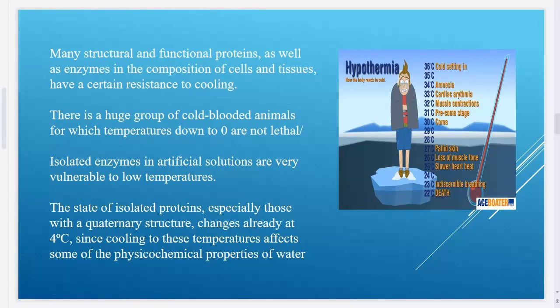A number of oligomeric proteins experience so-called cold inactivation, dissociating into several subunits after cooling to 0 degrees Celsius. For example, these are enzymes such as erythrocyte glucose-6-phosphate dehydrogenase, carbamoyl phosphate synthetase, adenosine triphosphatase, and others.